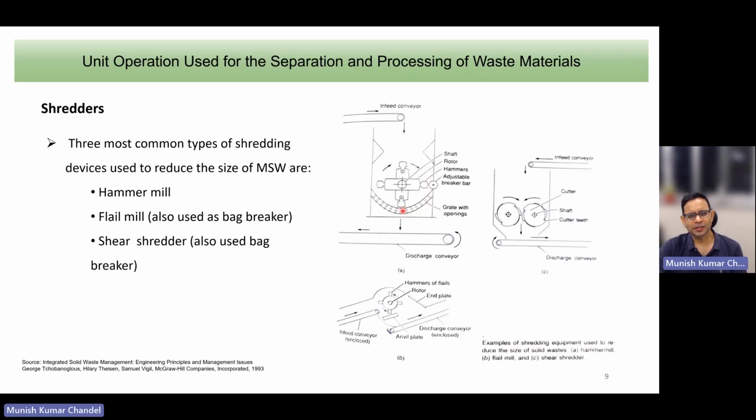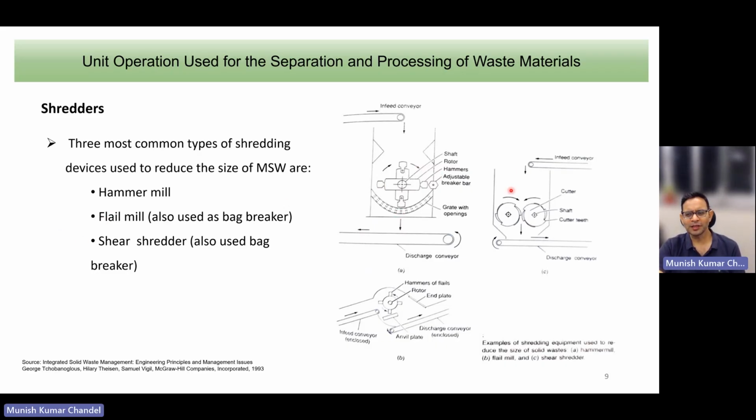And there is a grate with openings in the bottom, and the final materials, once it is shredded, go out, and the remaining keep on being hit by the rotating hammers. So this is a hammer mill, largely used for a little bit tough or hard materials.